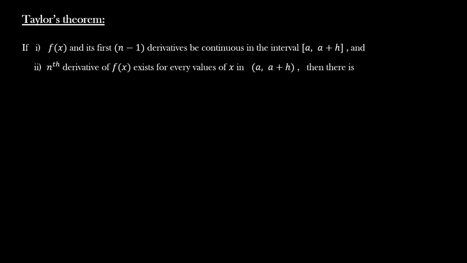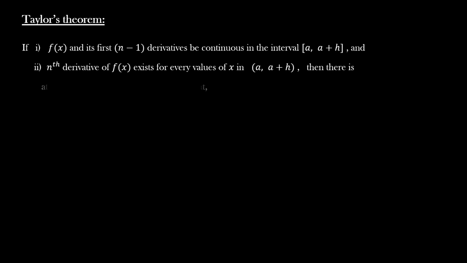Let us start with the theorem proposed by him, Taylor's theorem, which states that suppose the function f of x and its n minus 1th derivatives are continuous in the closed interval [a, a plus h], and its nth derivative exists in the open interval (a, a plus h).